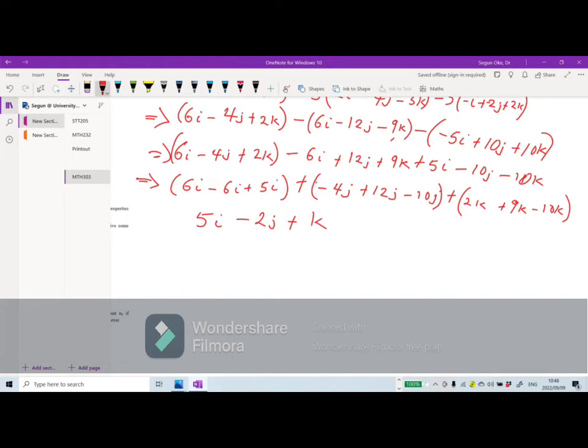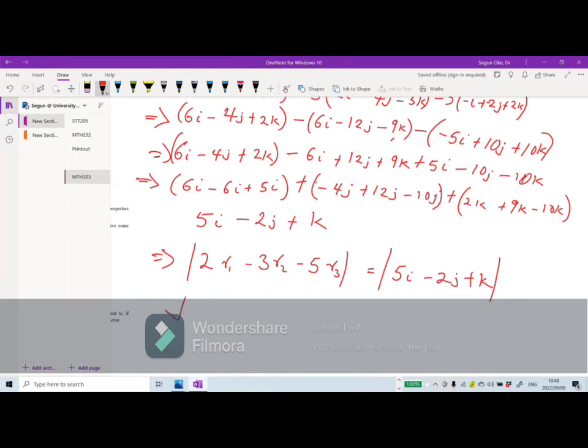So what next do we need to do? I think the absolute value. So we need to now go ahead and apply the method. We now have the method of 2r1 minus 3r2 minus 5r3, which is the same thing as 5i minus 2j plus k.